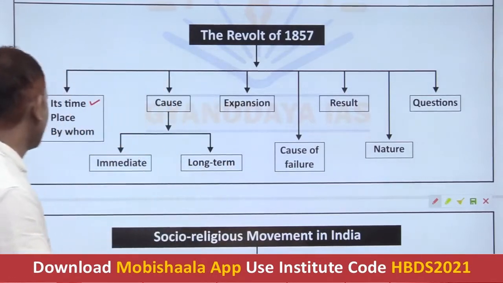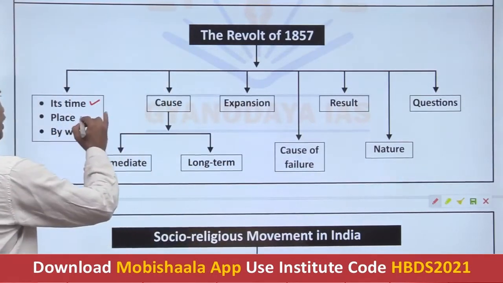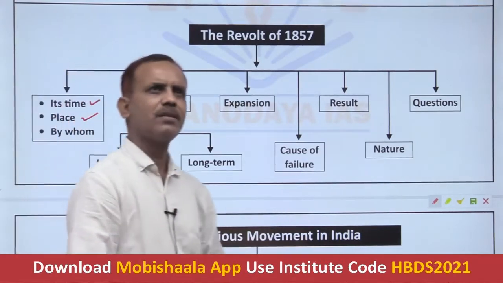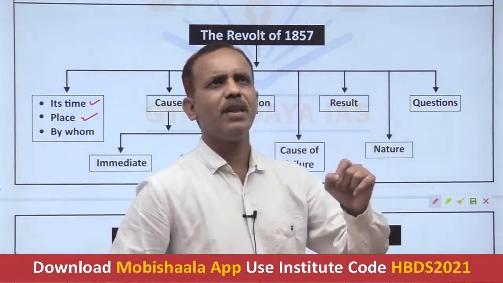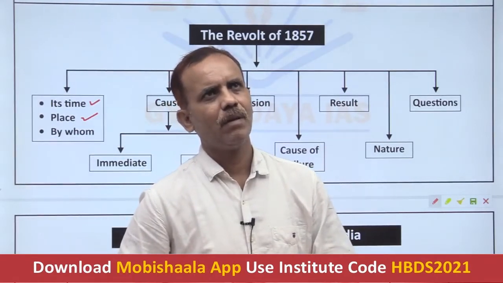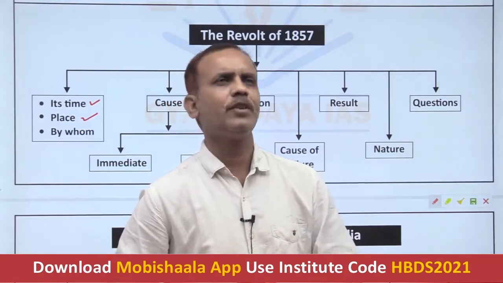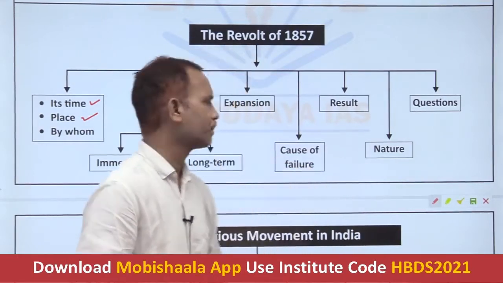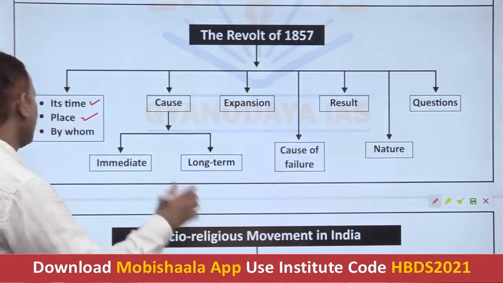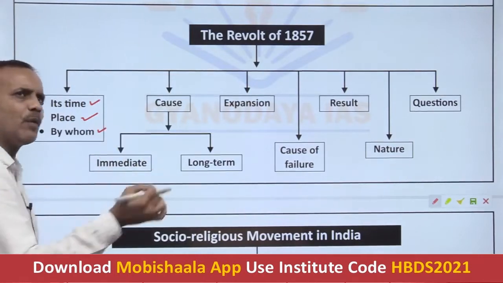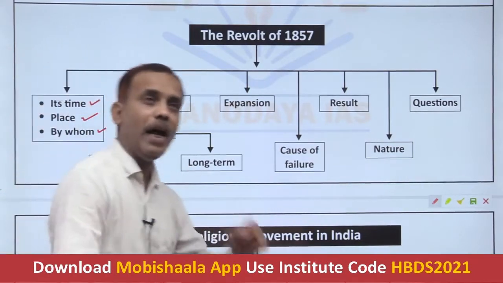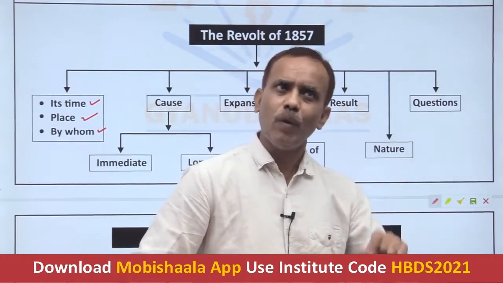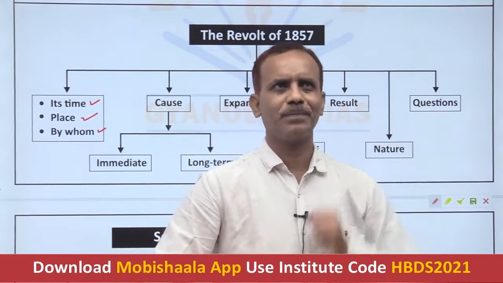Second point is the place of this revolt, means the first place where this revolt was witnessed. Then after, revolt by whom and revolt against whom.